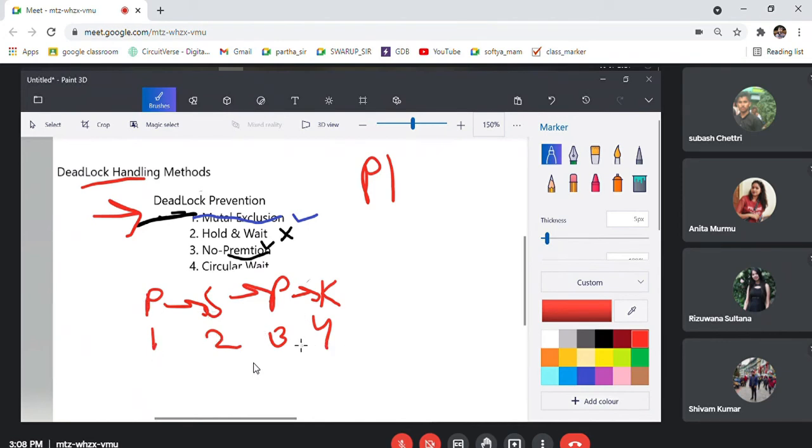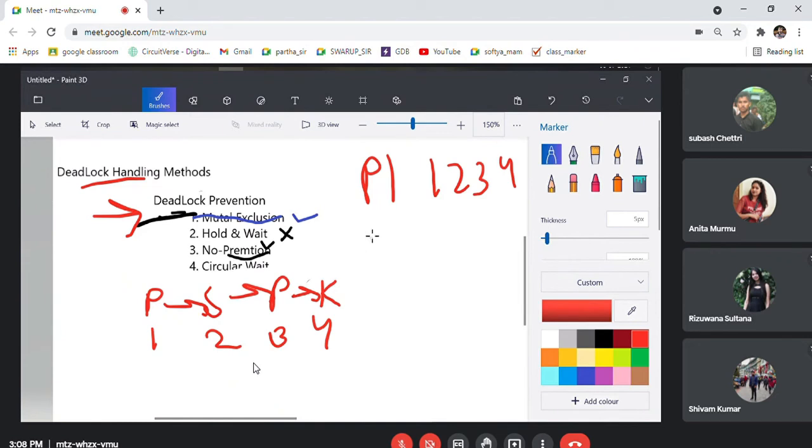They have been given some ID numbers. If it is a firstly submitted process, then assign them resources in order 1 2 3. Let us say it needs all of them, so 1 2 3 4.